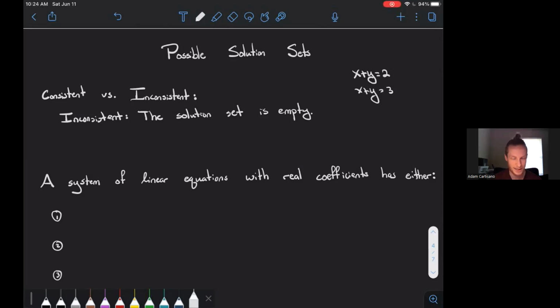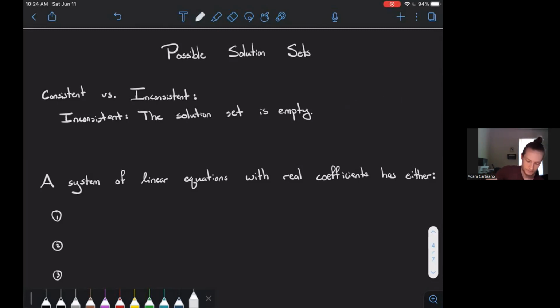That's quite the contradiction. One way you can see that is if you just subtract these two equations. You're asking me to find two numbers such that 0 is equal to negative 1. Never is the answer for that. So the system is inconsistent.